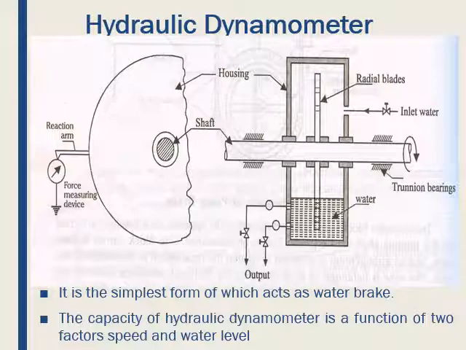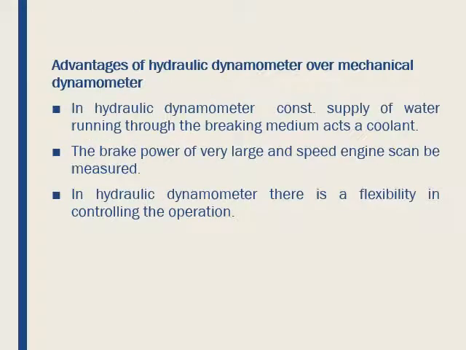Hydraulic dynamometers may be protected from hunting effects by means of dashpot dampers. There is flexibility in controlling the operation. So these are some of the advantages of hydraulic dynamometers over mechanical dynamometers.